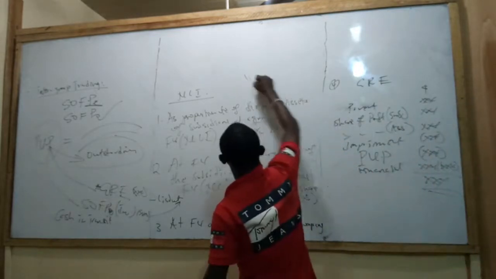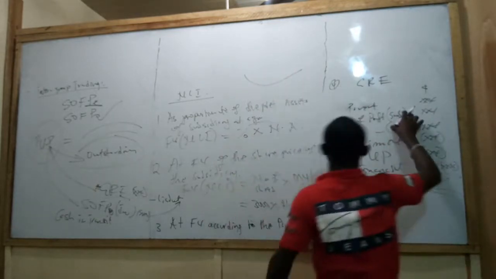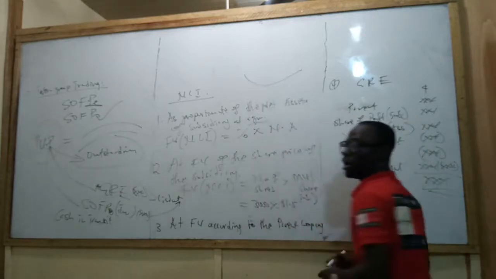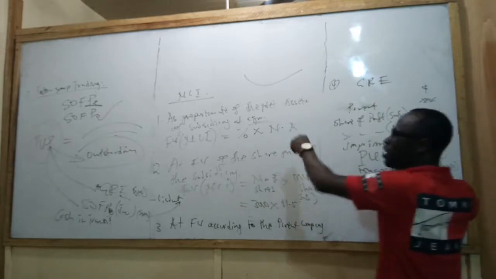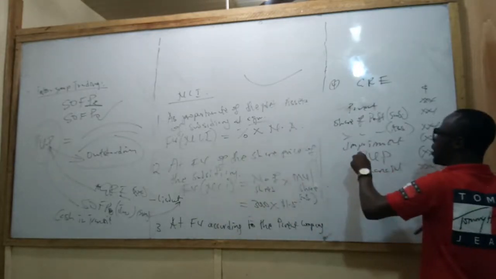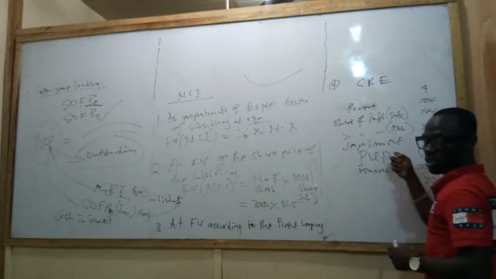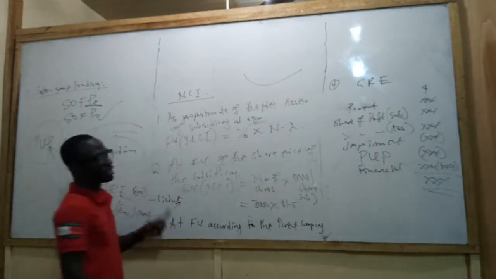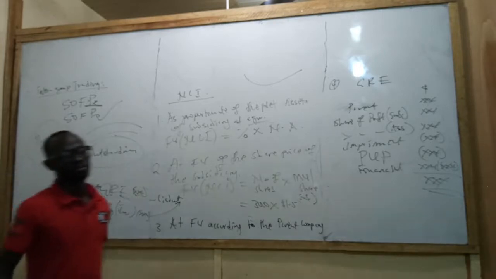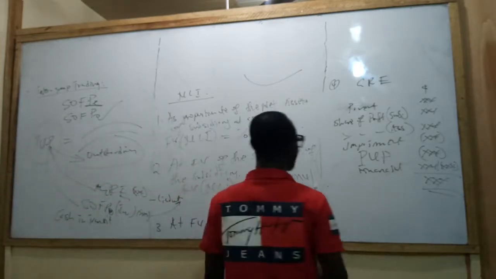So the figure you will be calculating, that's the figure you pick, because you've already taken care of it. So if the subsidiary was the one selling to the parent, then the parent will not have the PUP here. That's it about GRE. The last thing is about NCI.